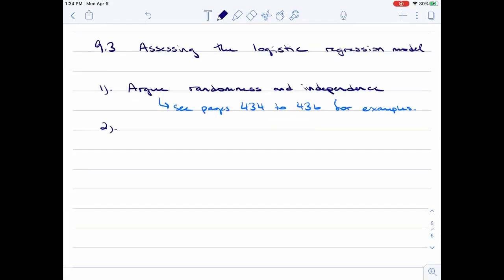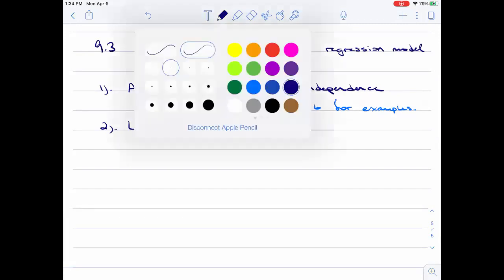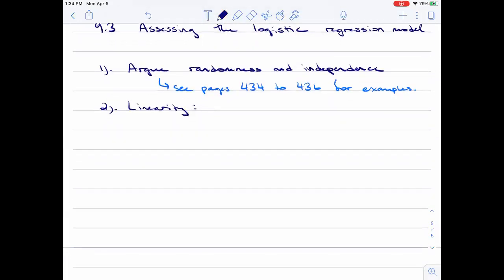The second thing that we have to do is check linearity, and we're not actually going to look at it too closely, but there are two different situations. So if we have a binary response as well as a binary predictor, then the linearity is automatic.